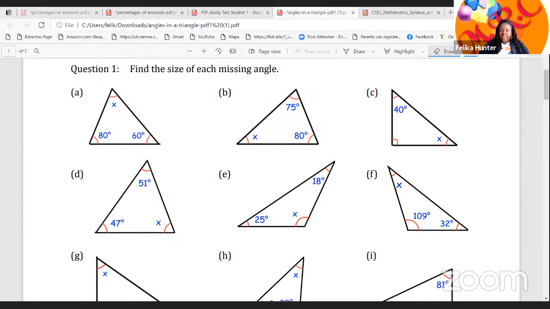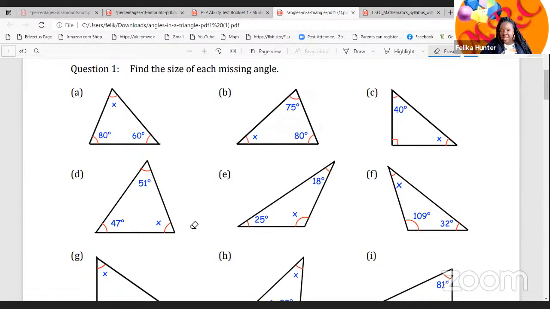All right, so we're going to look at some properties of a triangle first, and then after we look at those properties, we're going to look at solving some of these questions.